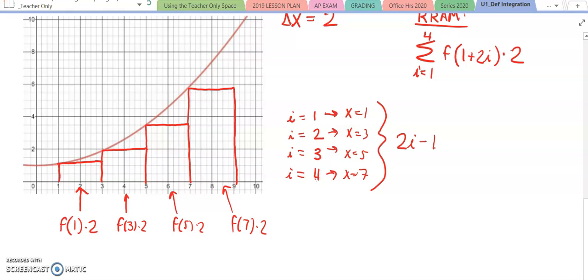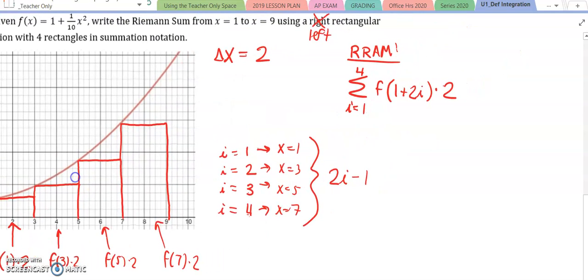Now, that doesn't necessarily help us here, because what we're trying to do is look for some sort of formulaic approach. For the right Riemann sum, what we ended up noticing is that it always became the a value plus the delta x value times the index, or i. We don't necessarily have that in this situation here, but what we can do is rethink how we can write the formula we learned up here in terms of going 1 unit to the left.